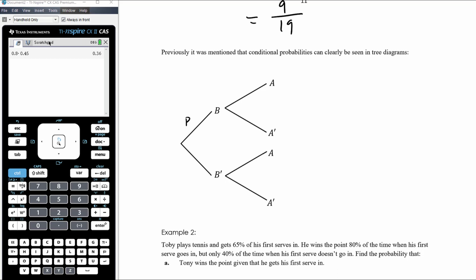So at the first stage, this would just be the probability of B, and this would be the probability of not B. And then this is the probability of A given B, and this is the probability of not A given B. And this is the probability of A given not B, and this is the probability of not A given not B.